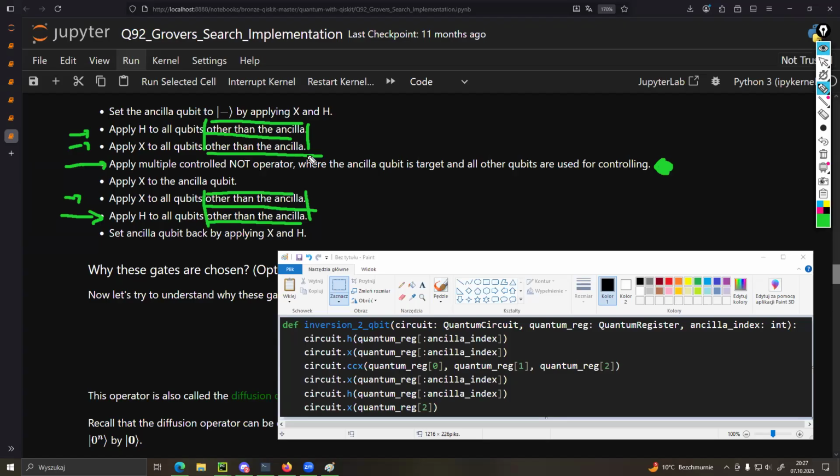So we apply this operation. Then we try to recuperate this ancilla qubit. So we first set it to minus, and at the end we also recuperate this. So this is the ancilla.